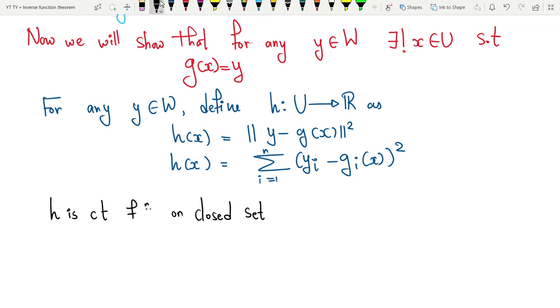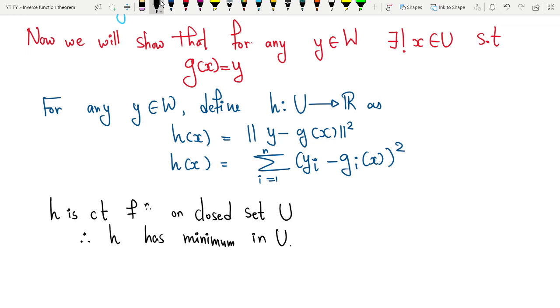So it is continuous on the closed set U. Since it is continuous on the closed set, h has a minimum value in U. Now this h can have a minimum value anywhere inside U. It might be inside U, or it could be even on the boundary of U.